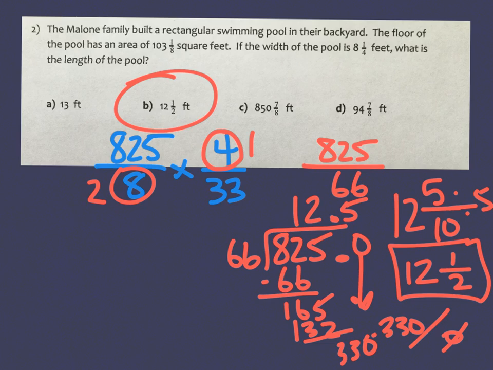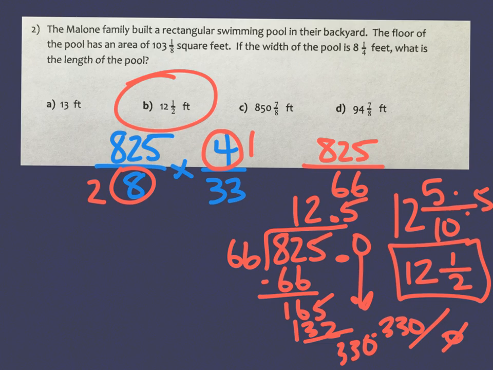We kept our mixed numbers, we renamed our mixed numbers into improper fractions, and then we multiplied using the reciprocal and then simplified and found 12 1/2 to be our answer.